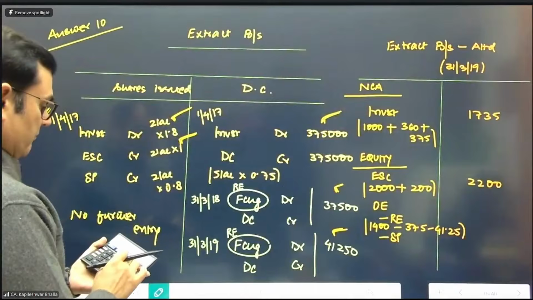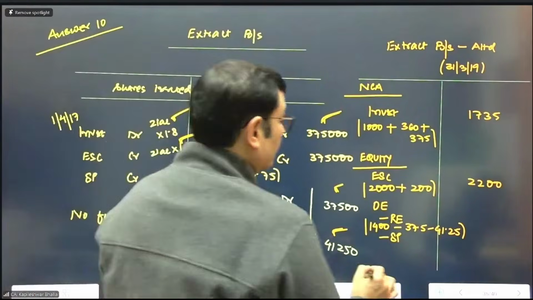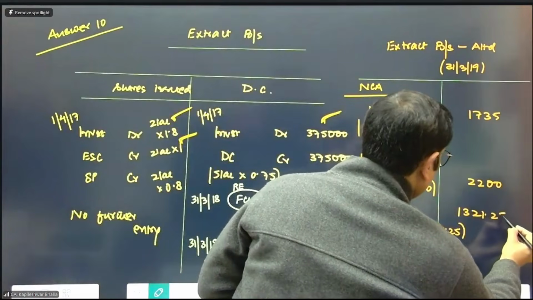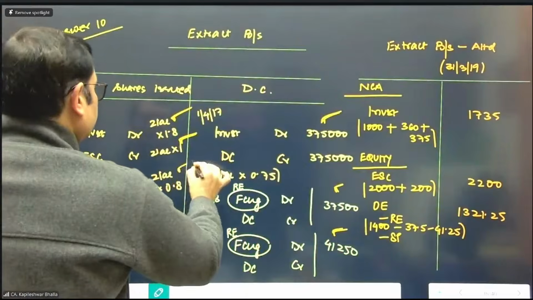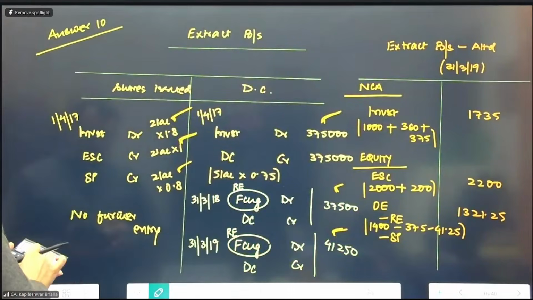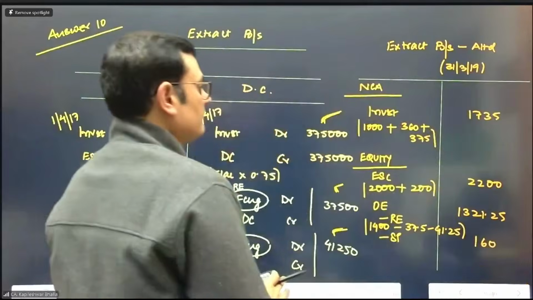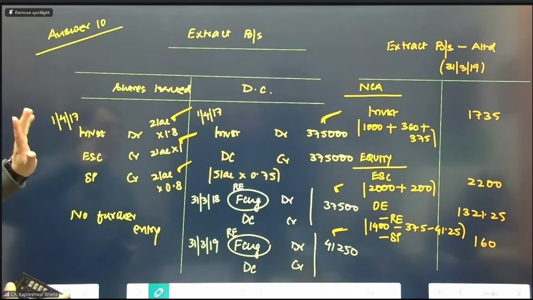So 1,400 minus 37.5 minus 41.25, that's I think 1,321.25. And the share premium appears at 160. Let's see, everything is done. This investment, share capital, premium done.